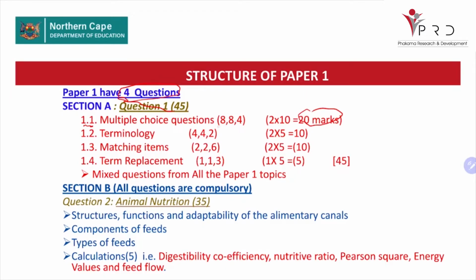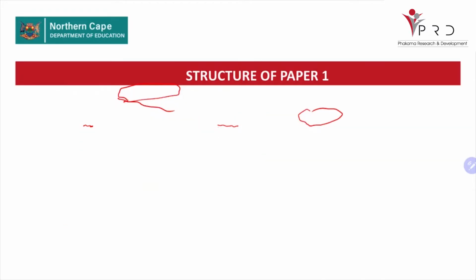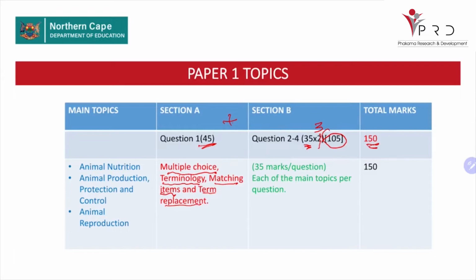Multiple choice questions will come from three main topics. We know that in our paper one, if you go back to the previous slide, it has 8 marks.